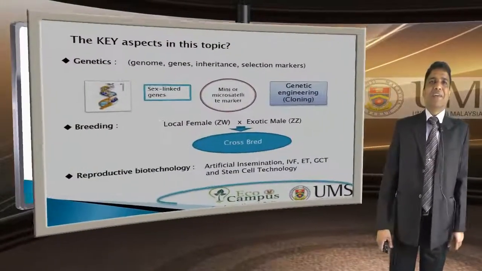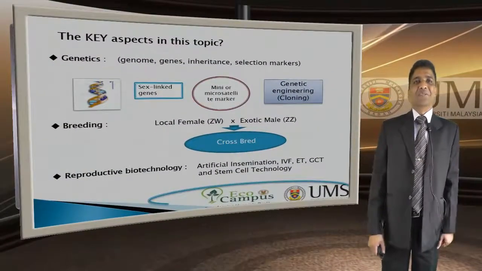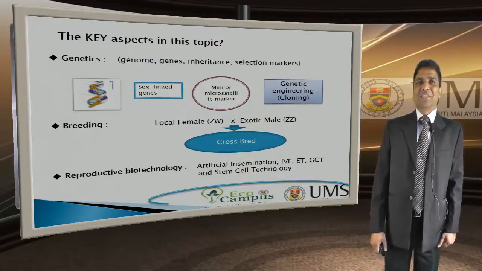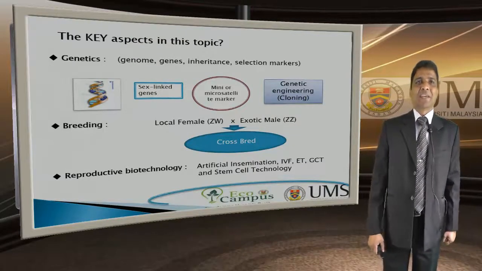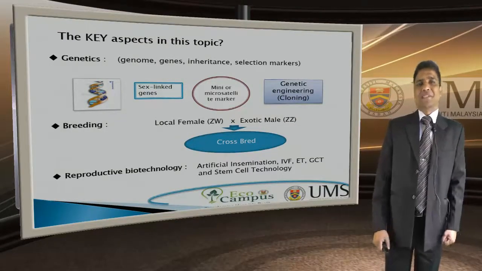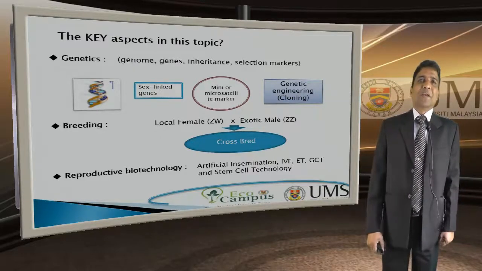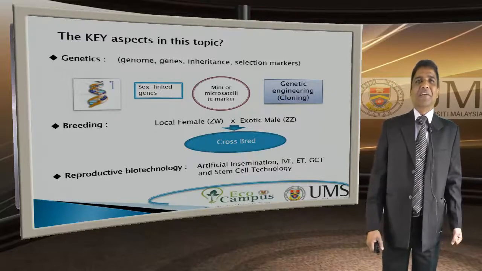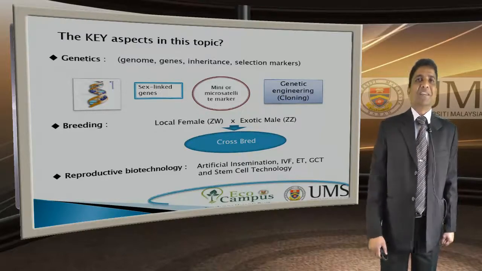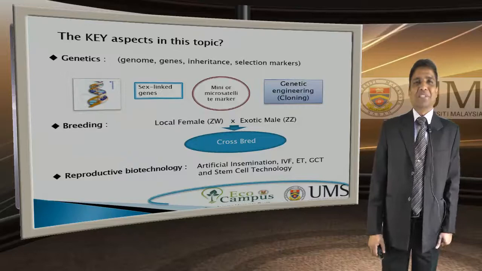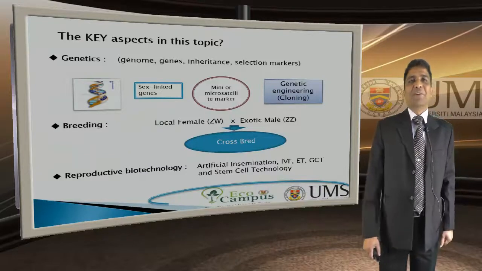First, if we analyze the title of this presentation, what key aspects can we see? There are several key aspects here. One is genetics. Genetics means genome, genes, inheritance, selection markers, or genetic engineering concepts. What about breeding?